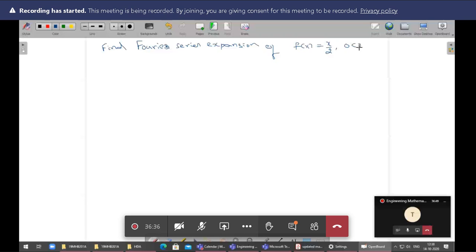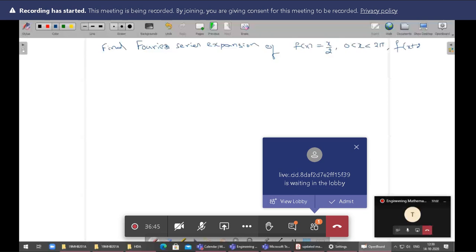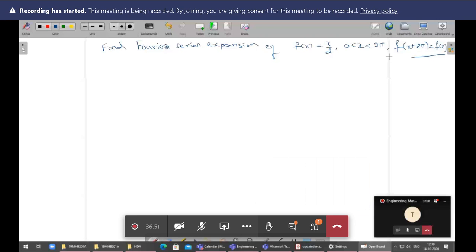I just checked, it is 2 pi, not 2. 2 pi, and f of x plus 2 pi is equal to f of x. So this is the condition they have given, and this is the function, a linear function, and this is the interval. So we need to find a Fourier series expansion.